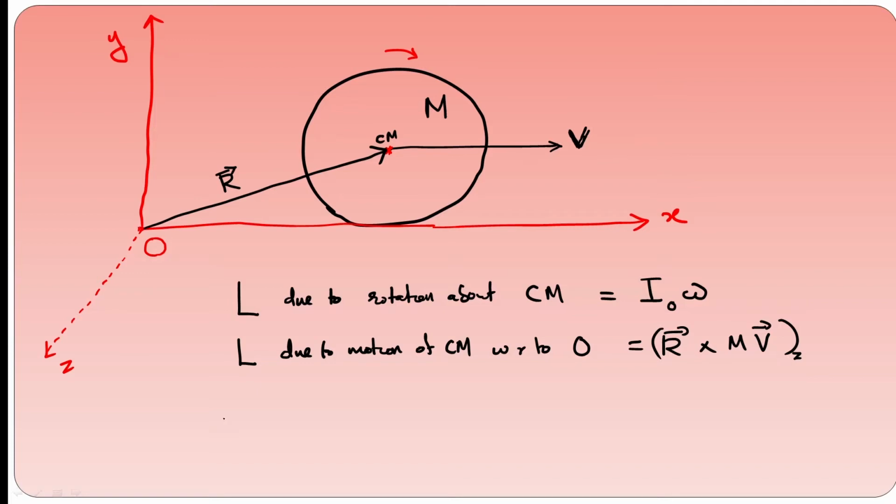Now we denote this angular momentum by LZ. LZ simply means that the angular momentum will be along the Z direction because the axis of rotation is along the Z direction. And one more thing, do remember that here we assume that the axis of rotation will not change.